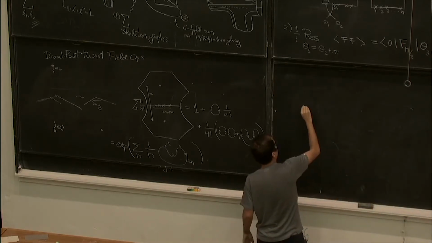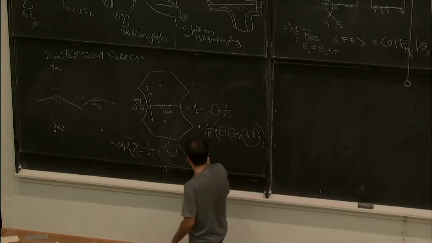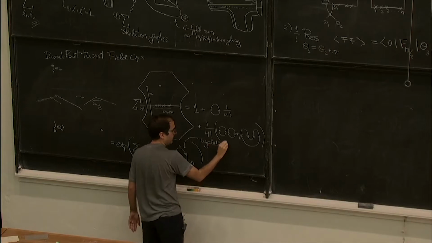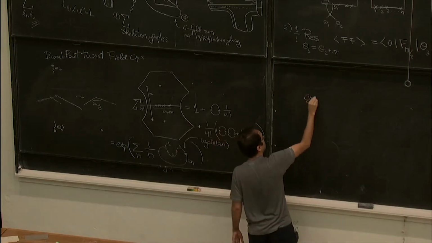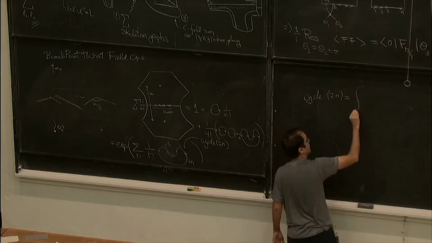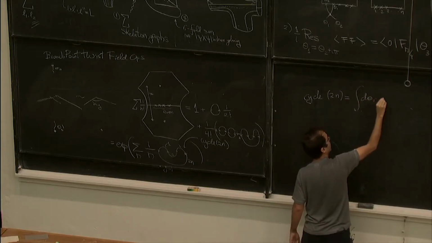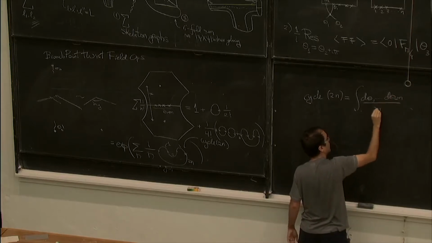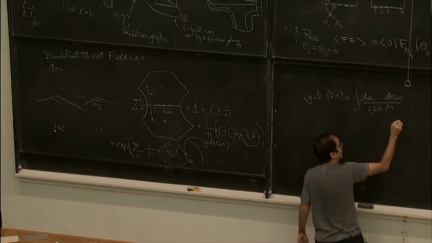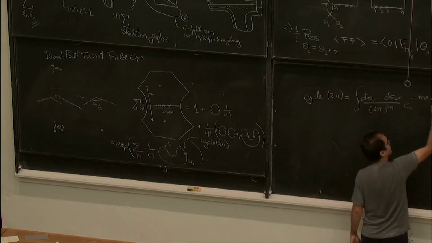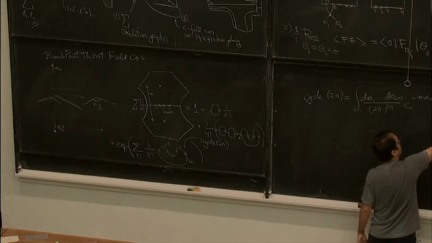So this loop, let's call this cycle of length 2n. So this cycle of length 2n is just the integral d theta 1 up to d theta 2n over some 2 pi to the 2n. And then the energy, e to the minus mx times the sum cos of theta j.